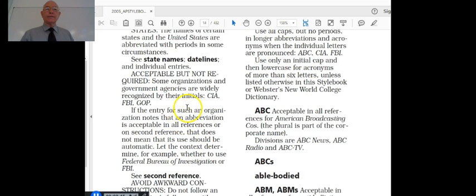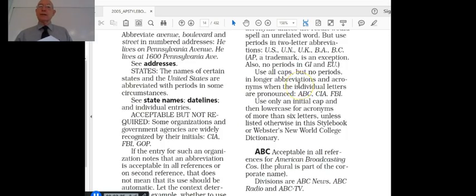They also talk about some of these organizations I mentioned before, where CIA, FBI, GOP are so common that you don't have to spell them out. In fact, they're more common than the spelled out version, so the written out version wouldn't make as much sense as the abbreviations do.